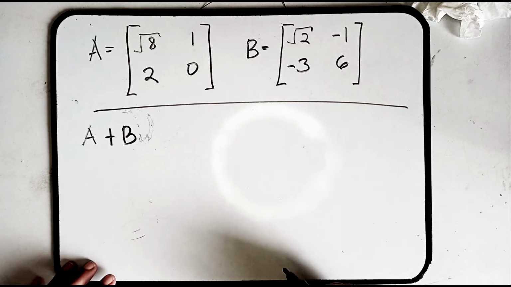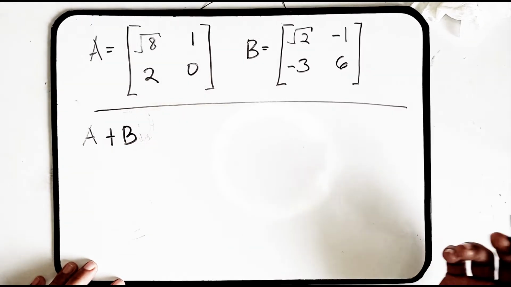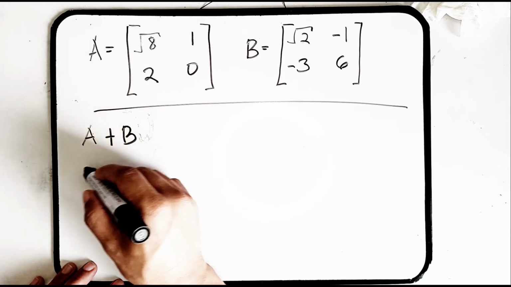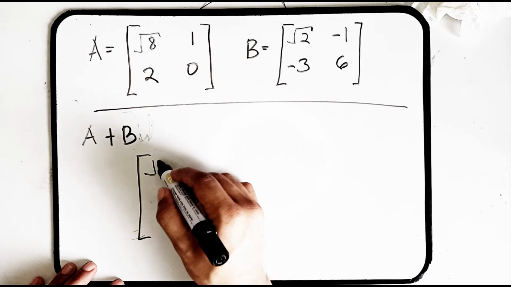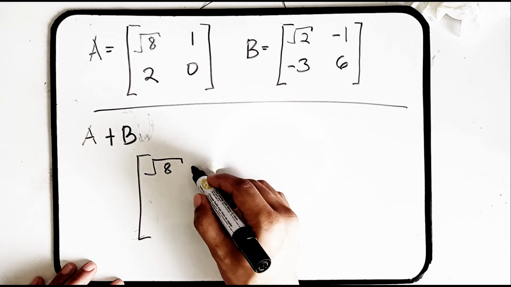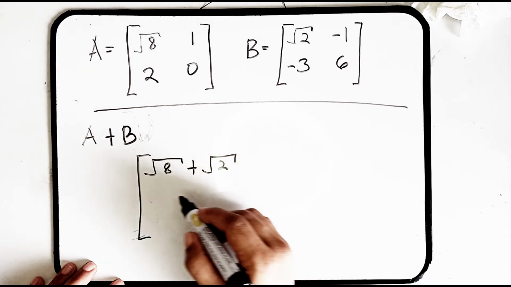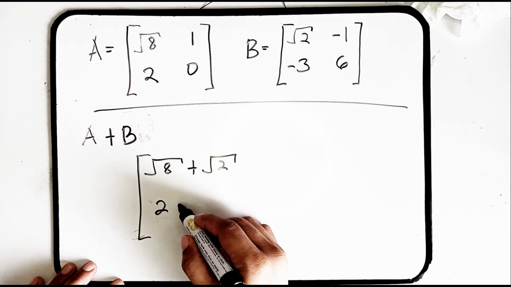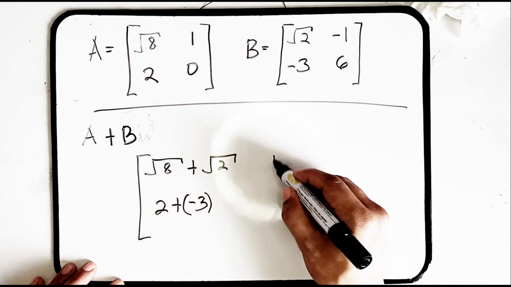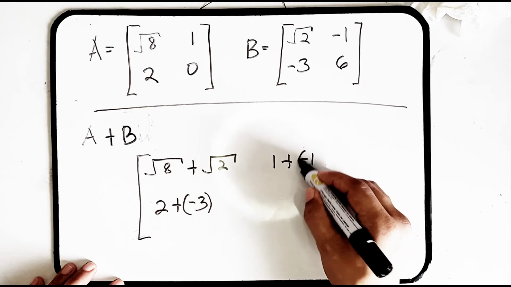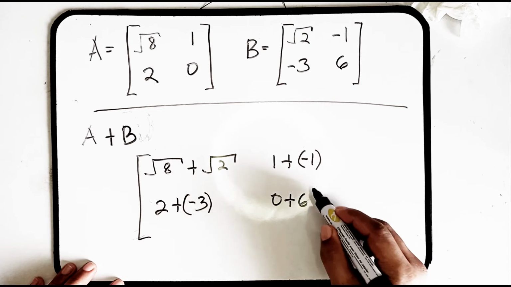So a plus b, how will you do this? Just the same steps that we have performed in our previous examples. So it means that this becomes square root of 8 plus the square root of 2, and then 2 plus negative 3, and then 1 plus negative 1, and then 0 plus 6.